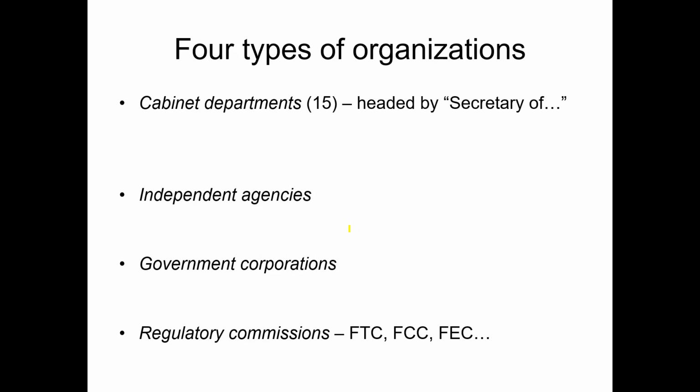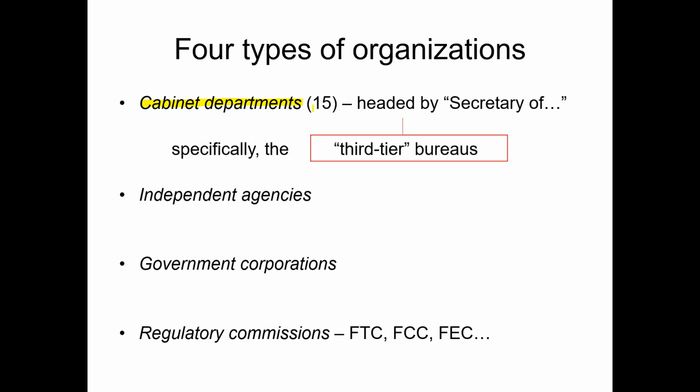Now, in this lecture, we're going to talk about 4 basic types of organizations. First, we're going to look at the cabinet level departments, which are headed by the Secretary of. Specifically, we'll be looking at the third tier bureaus within those cabinet departments, because those are the organizations that are actually doing the work of government.